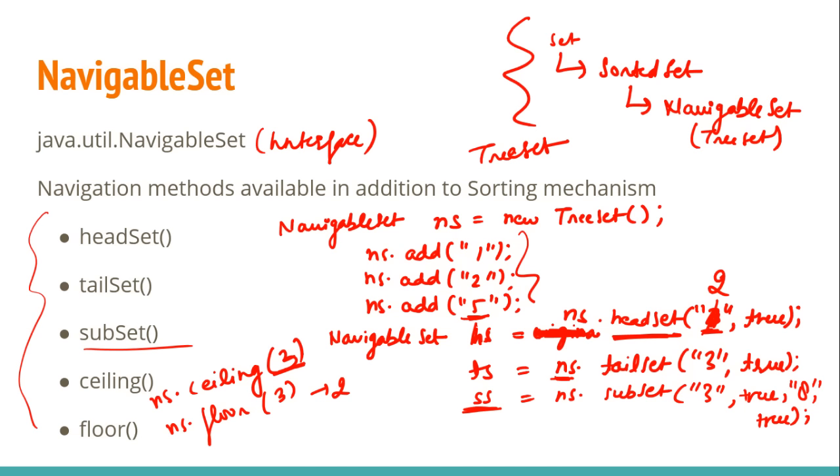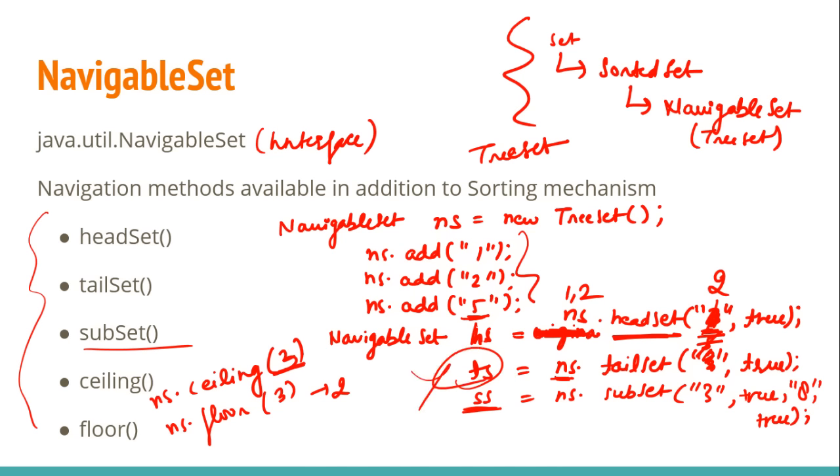So in that case, we'll get 1 and 2, correct? If you have, let's say, 7 here, tail set would give you elements that are greater than 7 in the set, which are none. So in this case, tail set will be empty.